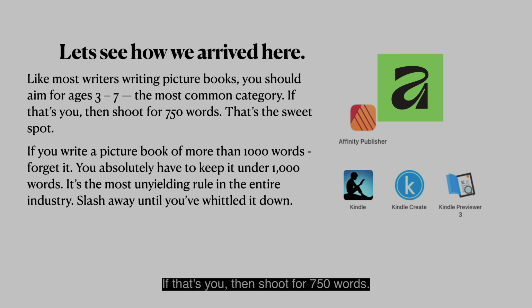If that's you, then shoot for 750 words. That's the sweet spot. If you write a picture book of more than 1,000 words, forget it. You absolutely have to keep it under 1,000 words. It's the most unyielding rule in the entire industry. Slash away at your book until you've whittled it down.